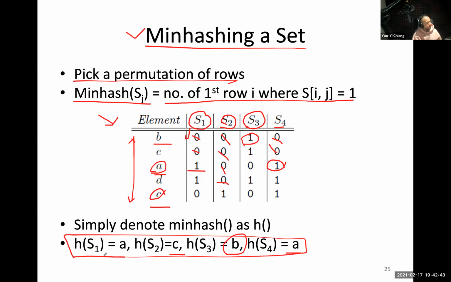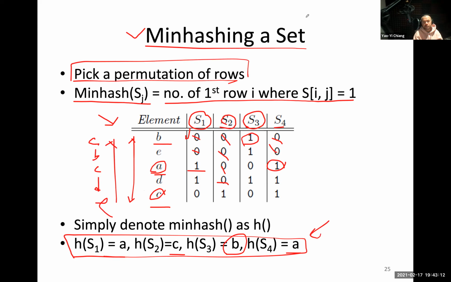Any questions? You probably don't know what to ask, because this sounds very easy, right? But one thing to note is we say we want to pick a permutation of rows, right? So if you permute these rows again, let's say you use A, B, C, D, E as the original one, would you have the same signature or maybe a different signature?